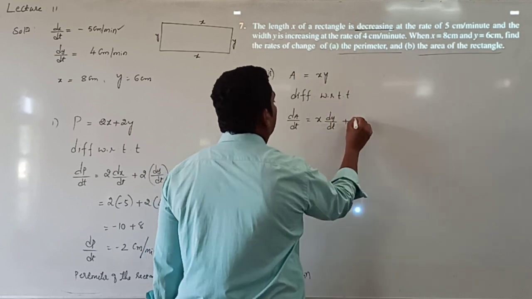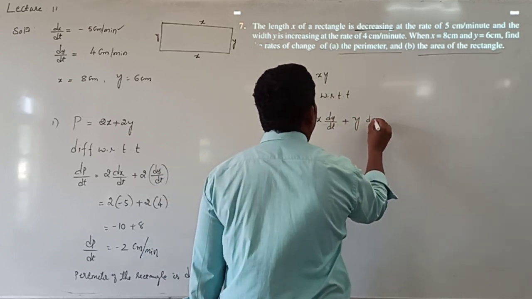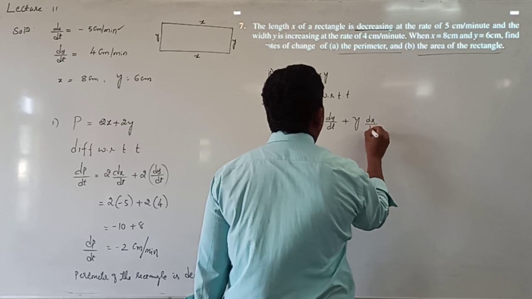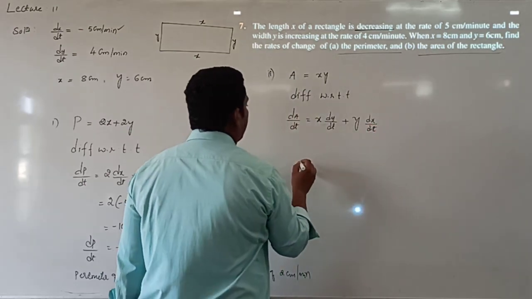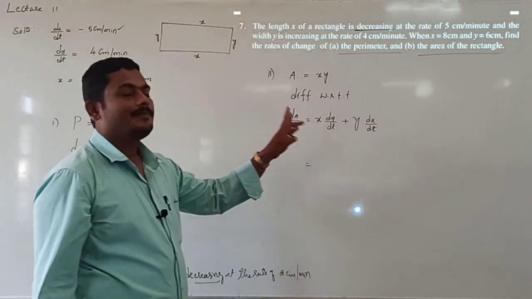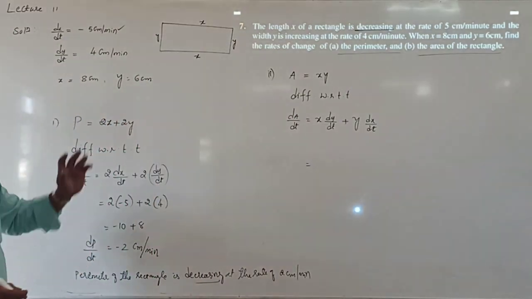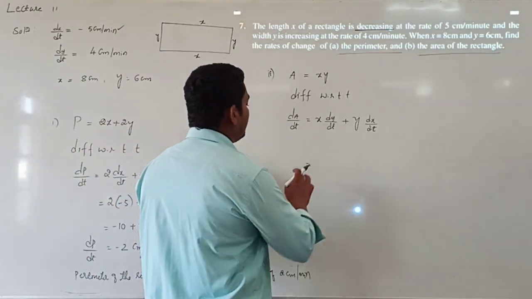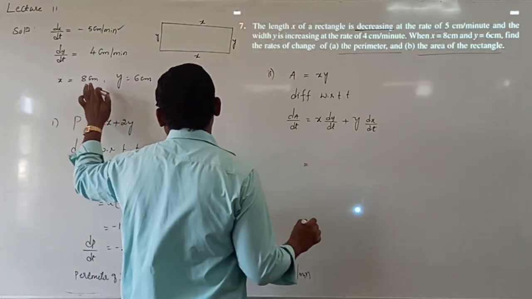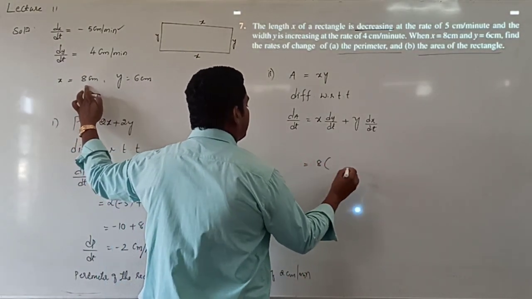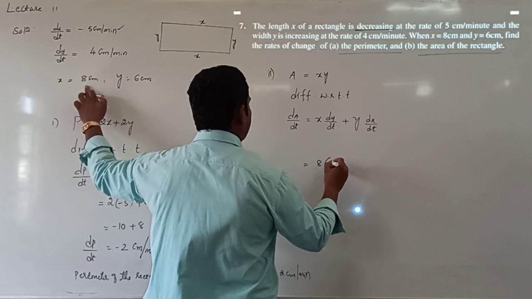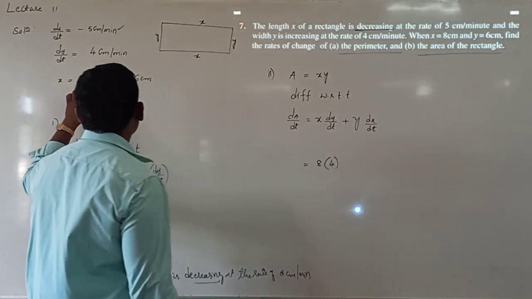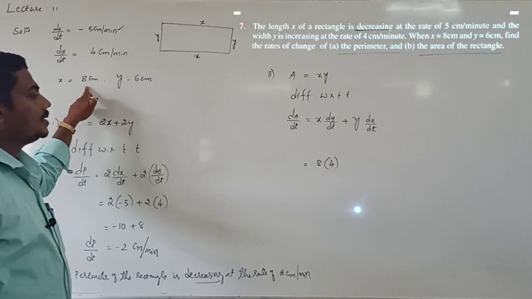Use product rule. y as it is, differentiation of x is dx by dt. After differentiating, replace given values dx by dt, dy by dt, x value as well as y value. When x value is 8 centimeter, replace; dy by dt is also given, that is 4.